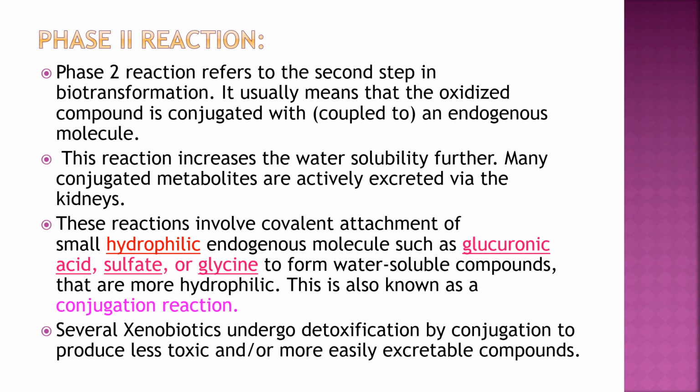These reactions involve the covalent attachment of small hydrophilic endogenous molecules such as glucuronic acid, sulfate, glycine to form water-soluble compounds that are more hydrophilic. This is also known as a conjugation reaction. Several xenobiotic compounds undergo detoxification by conjugation to produce a less toxic compound and are excreted easily.